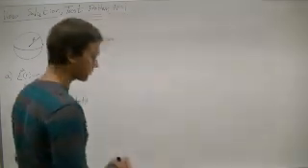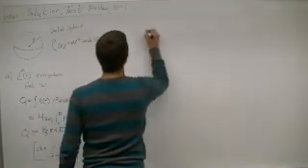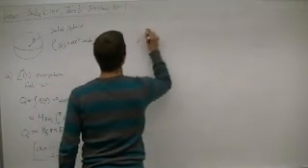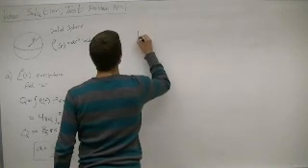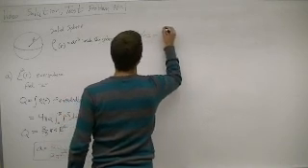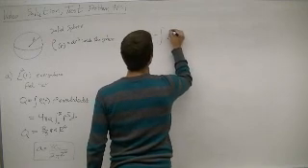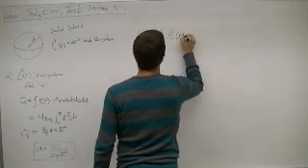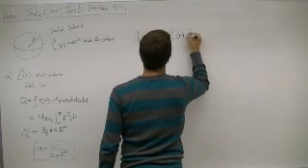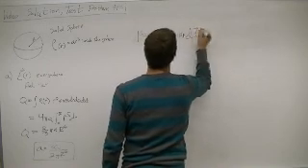So we know that V equals negative the integral of E dot dl.